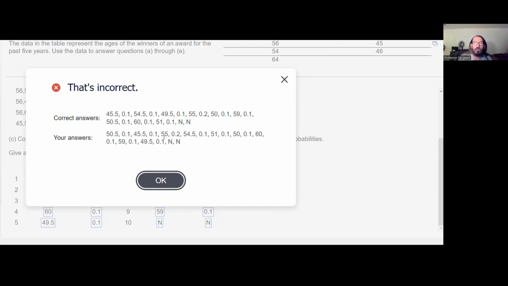50.5, they've got a 0.1 like I do. 54.5, they've got a 0.1 like I do. 49.5, they've got a 0.1 like I do. 55, is that my error? 55, they've got a 0.2.